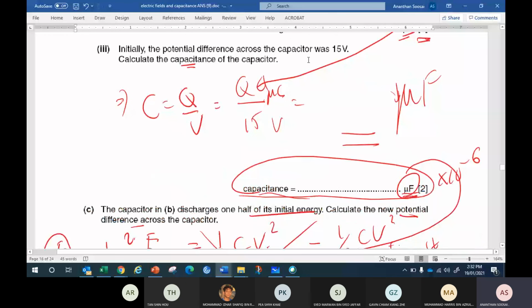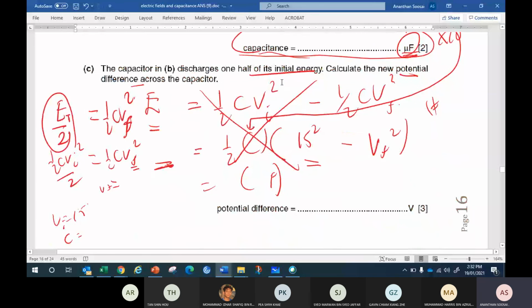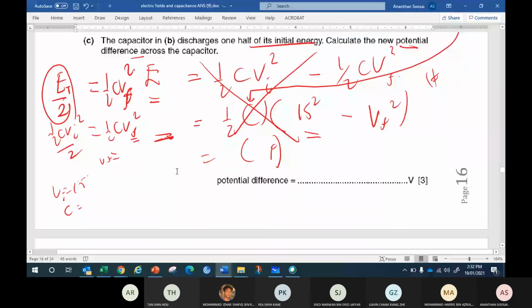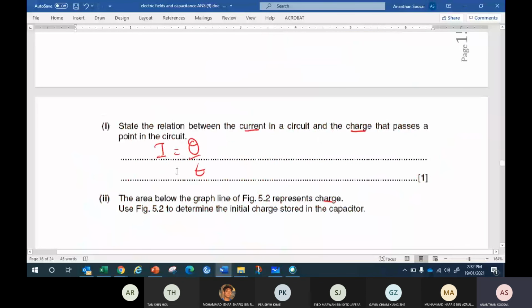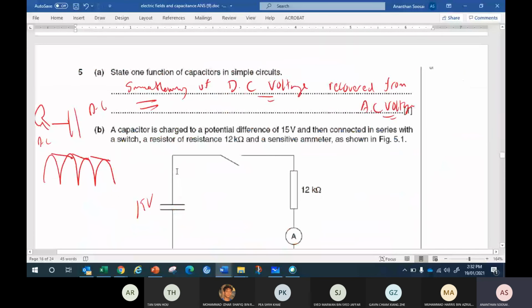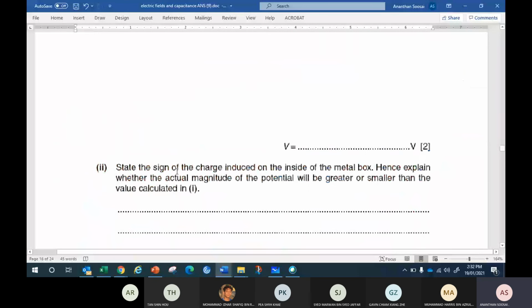So Q over V. Then half of the initial energy is already used up, so another half remains. What is the final voltage? Half of the total energy should be half CV squared. So you get the final voltage. Okay, any questions, guys, from this question? No questions? Okay, so we have many questions like this on top.